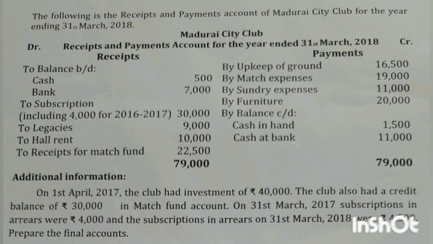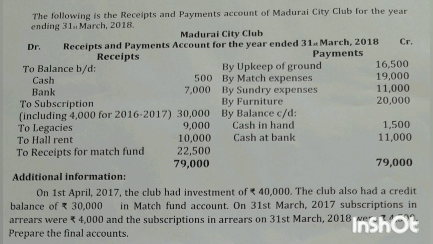The amount 4,000 is for the previous financial year, and the club has collected it during the current year, and that money is included in the 30,000. At the time of working out the problem, we should properly adjust the value in order to arrive at the actual income.